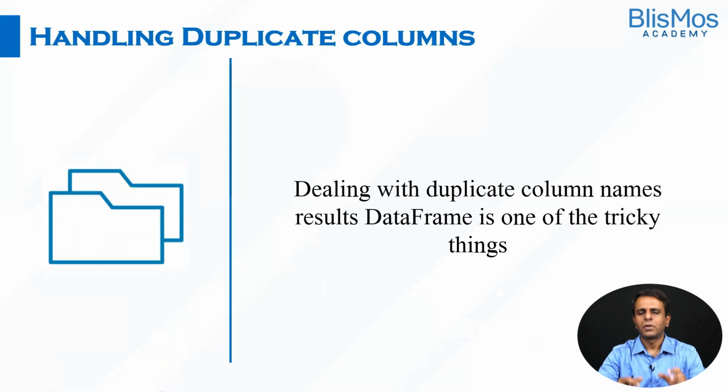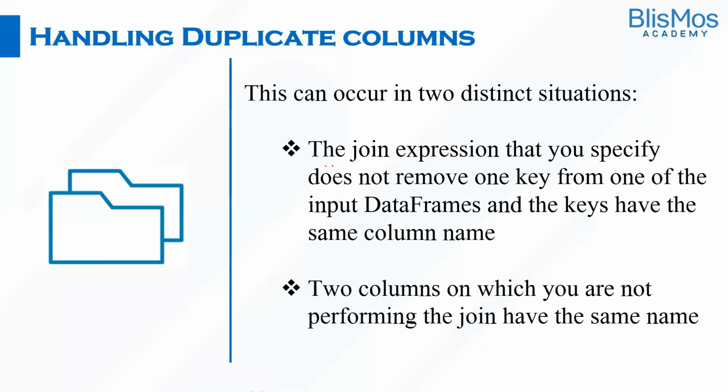We will see this with an example as a part of the practical, then it will be a bit clearer. Coming to handling of duplicate columns. As we know, handling duplicate columns is one of the trickiest things whenever we do joins between two data frames in Spark. What may be the reasons we get duplicate column names?